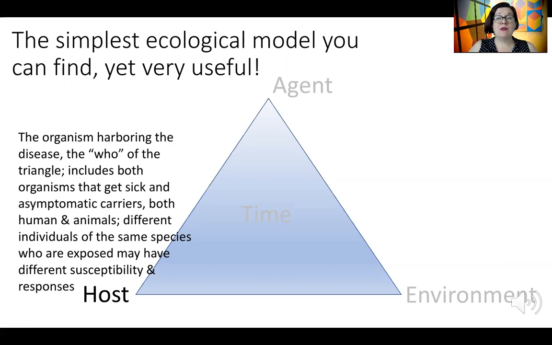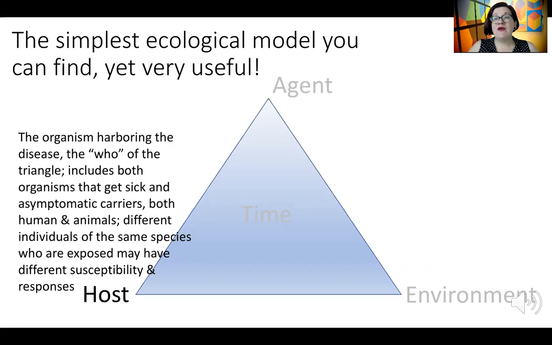So for example, when we've been talking about zoonotic transmission, we've addressed how you can have reservoir hosts in which a pathogen can circulate within the population while causing relatively few impacts on the host.